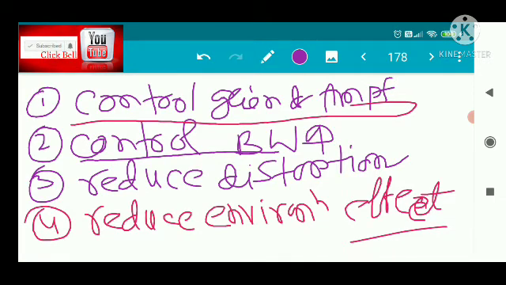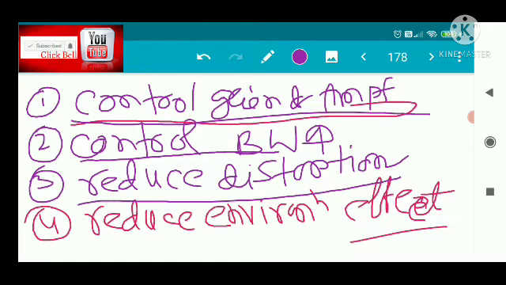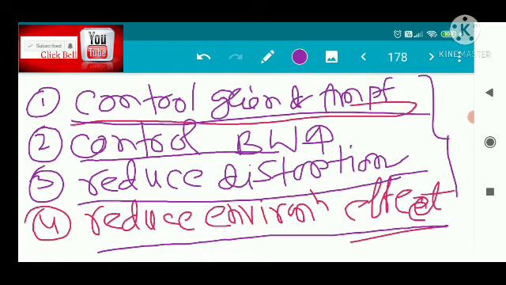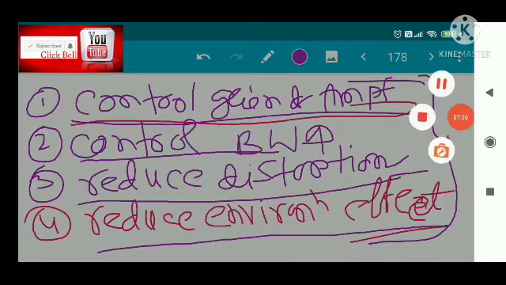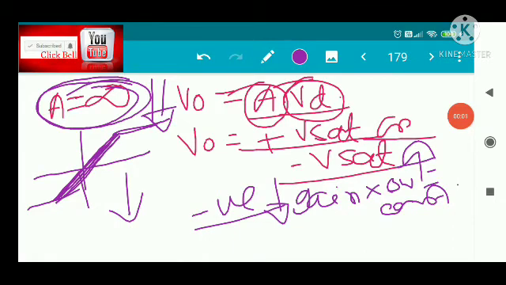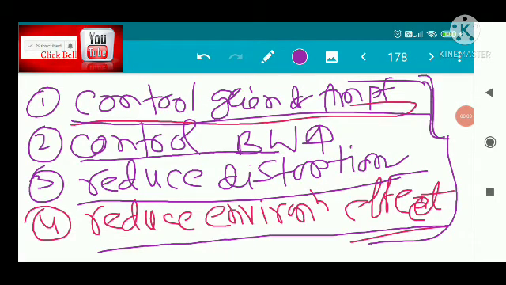As we control the gain, stability also increases. As stability increases, we reduce distortion and the environmental effect. These are some of the advantages of using negative feedback.